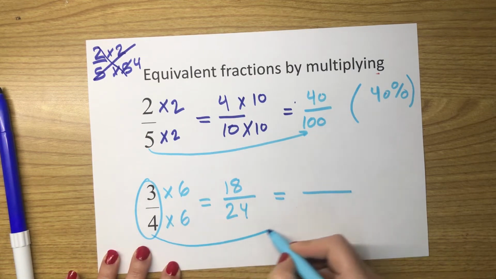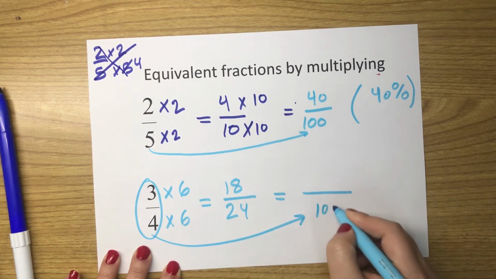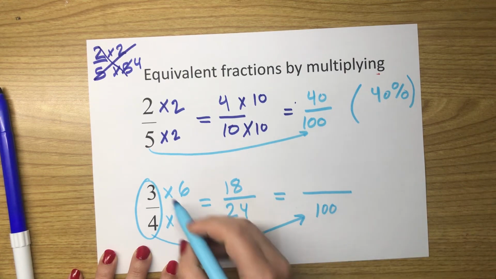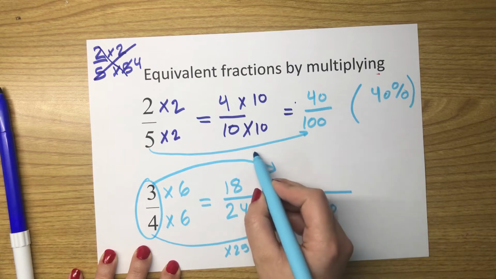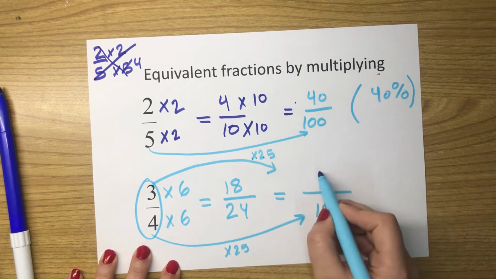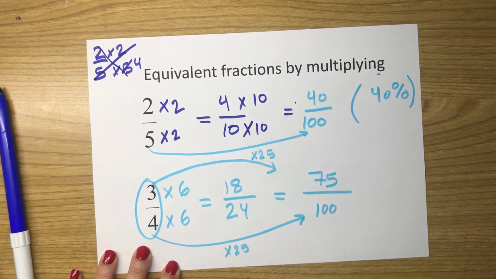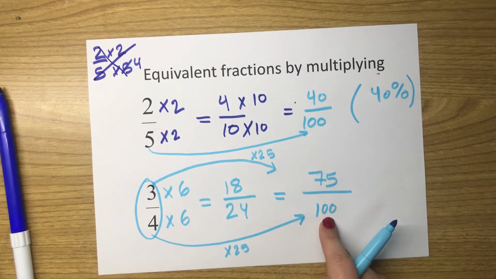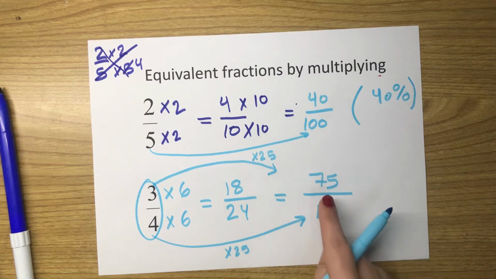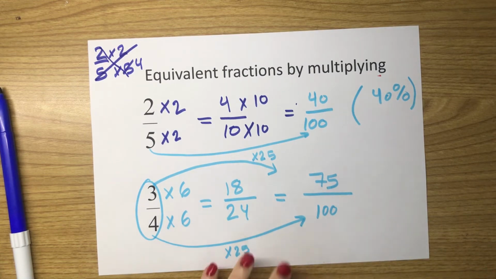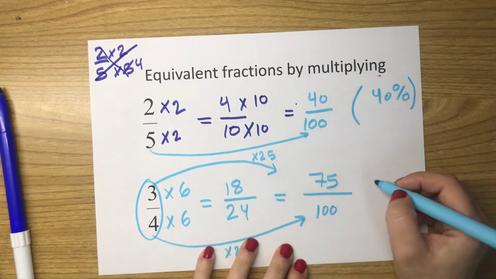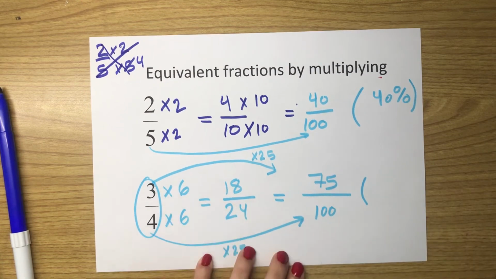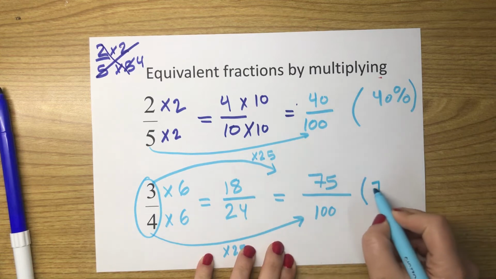How can I change 4 into 100, guys? It is by multiplying 4 by 25. So take 3 times 25, which equals 75. So changing 3/4 into a denominator of 100 gives 75 out of 100. In this case, if you want to change it into a percentage, 3/4 actually equals 75%.